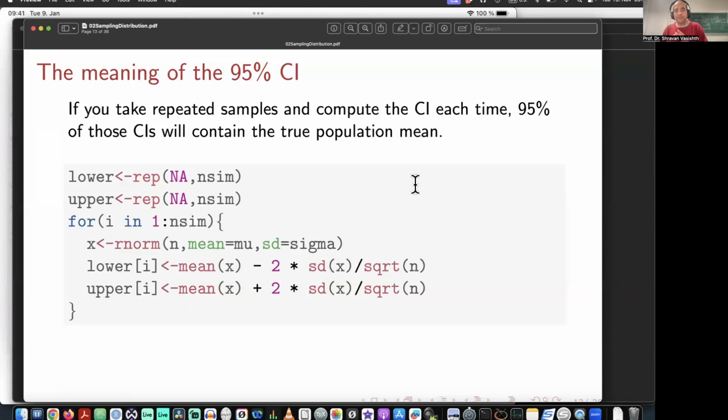Now, the important thing I want to get across is the meaning of the 95% confidence interval. Unfortunately, the meaning is very convoluted, and so I'm going to explain this now, okay?